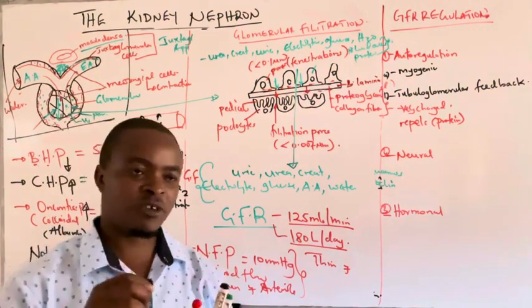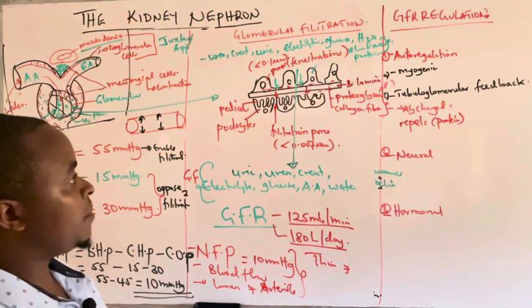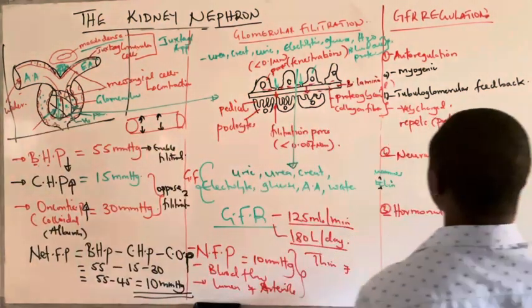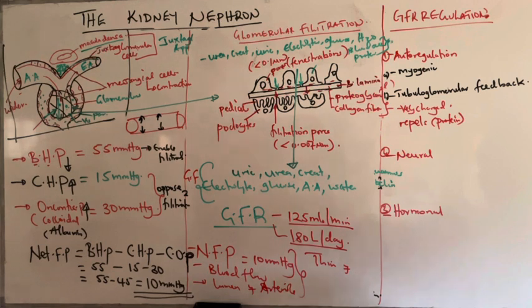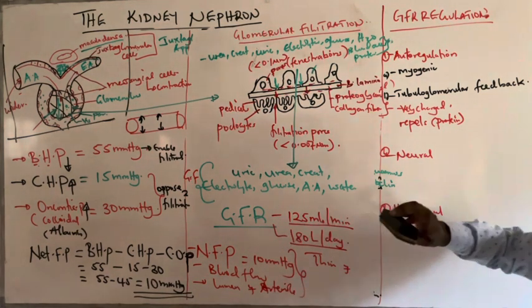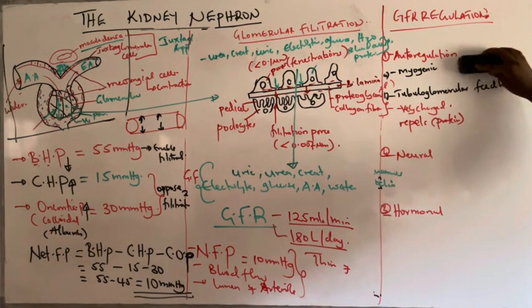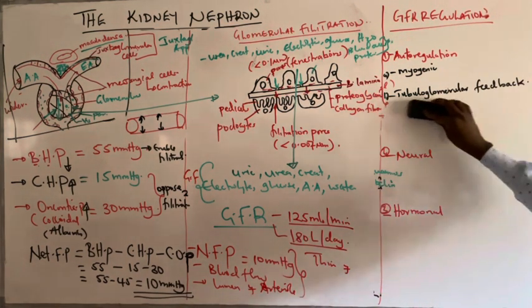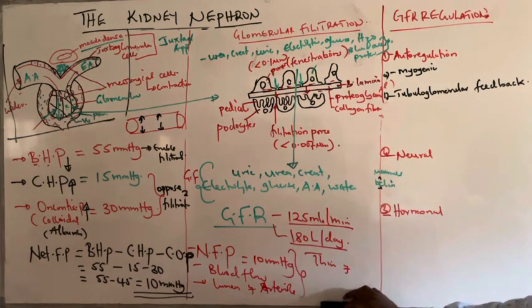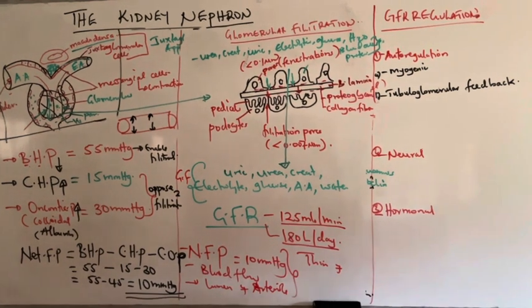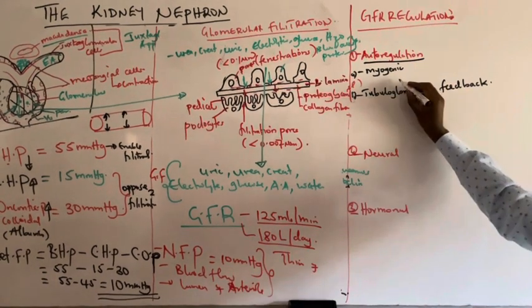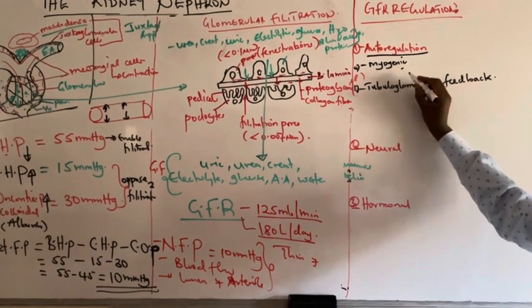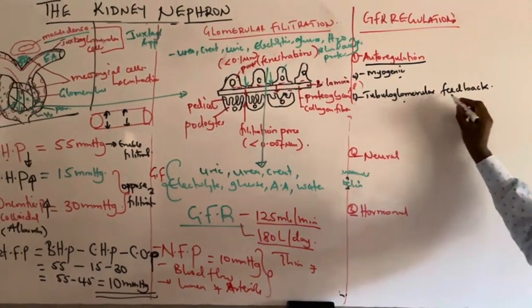And this regulation is enabled by three processes. These three processes include autoregulation, whereby autoregulation is by both myogenic and tubuloglomerular feedback.